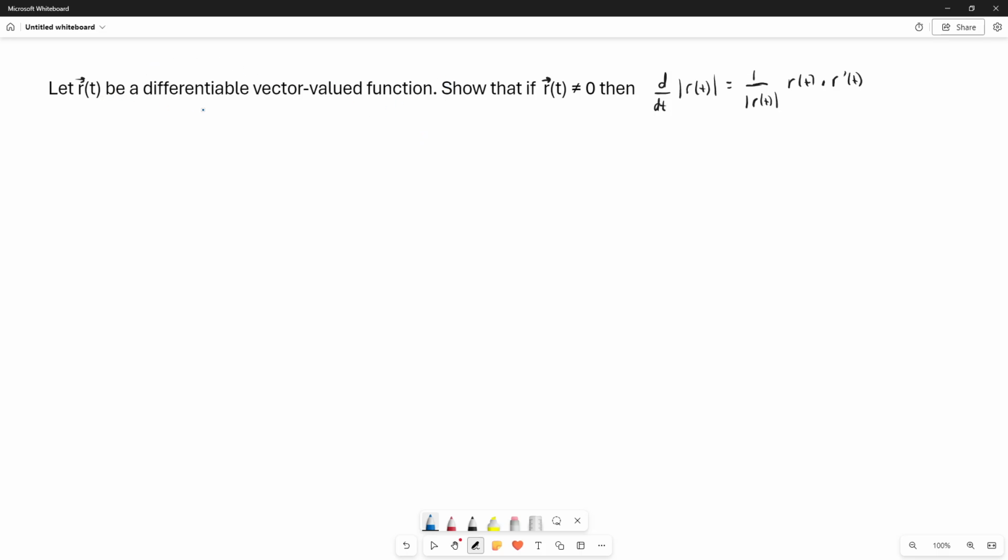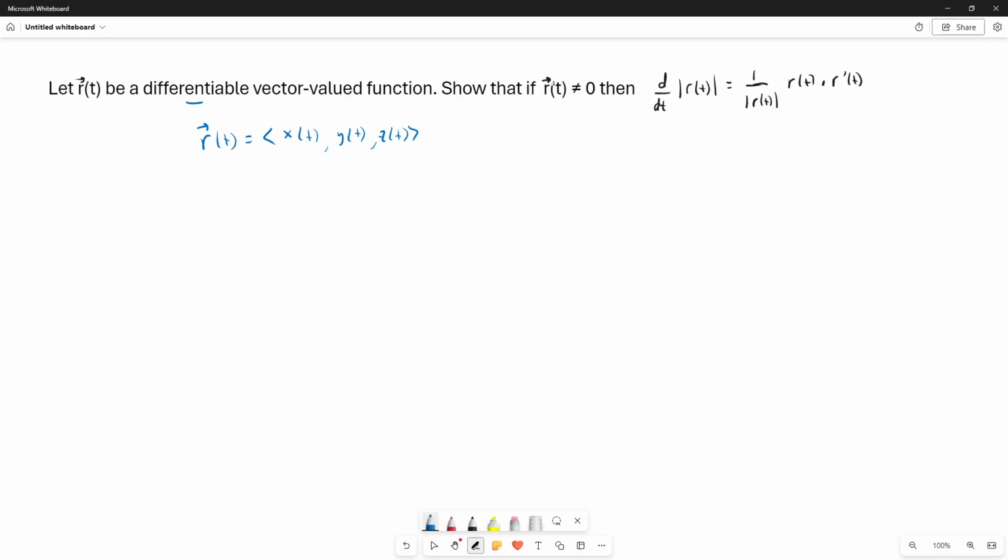Let R of t be a differentiable vector valued function. So R of t has the form x of t, y of t, z of t. So the image is a space curve as a function of t, and the components are differentiable.